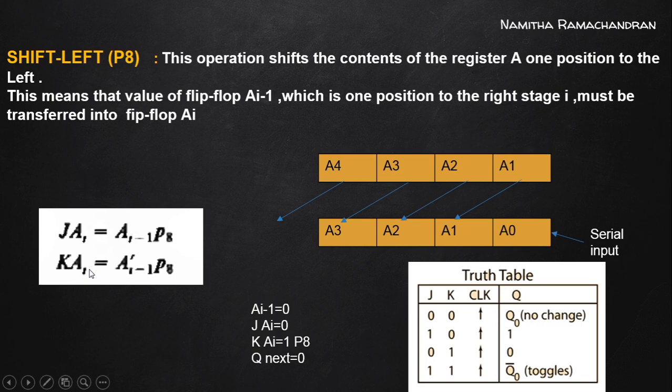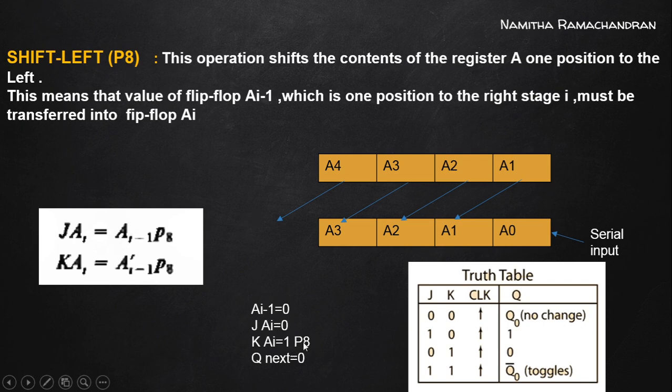And KAI becomes its complement, that is the complement of AI minus 1, which is 1, and P8, that is P8. This operation takes place only when the P8 value becomes 1.